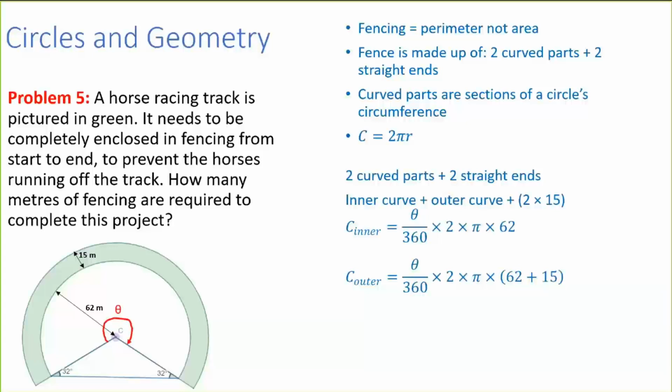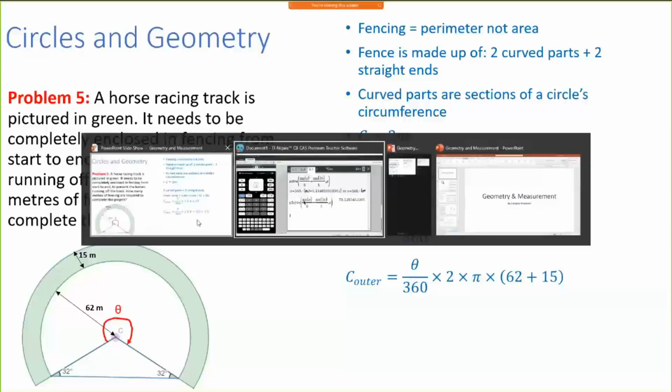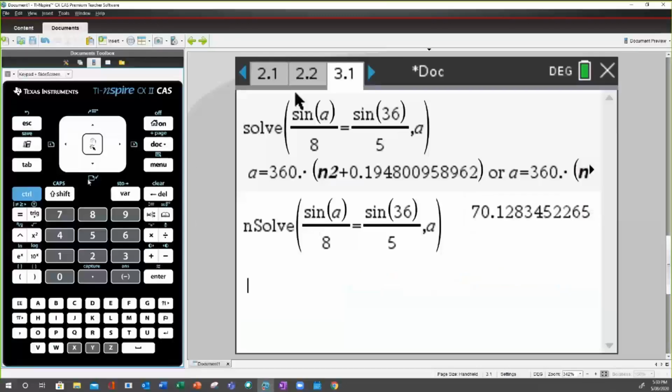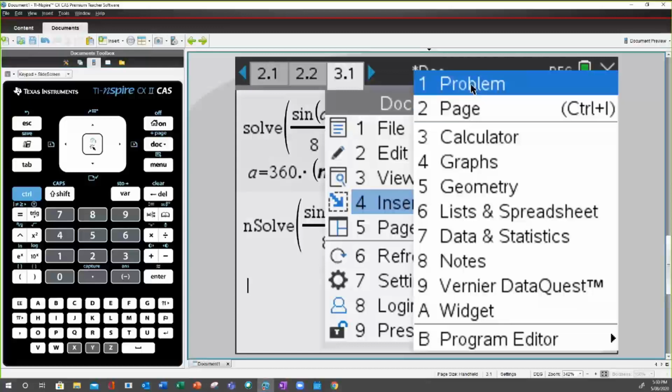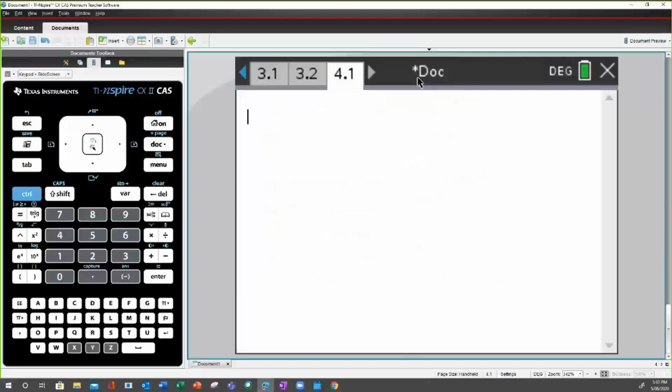Well, let's just go quickly to our CAS page now. I'm just going to add a new page: Doc, Insert, a new problem, add a calculator page. So it gives me a problem 4 at the moment. What we need to do is find angle theta.